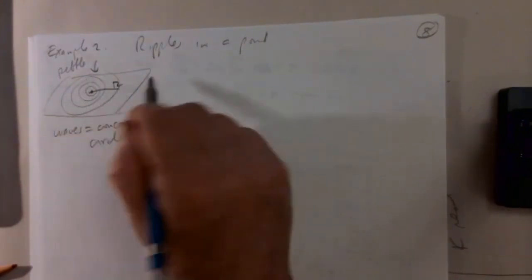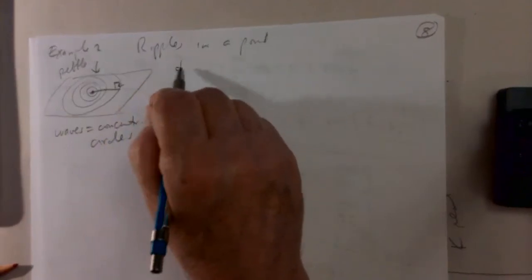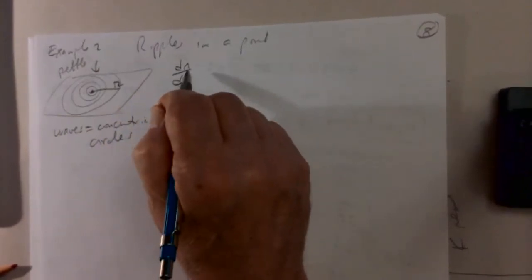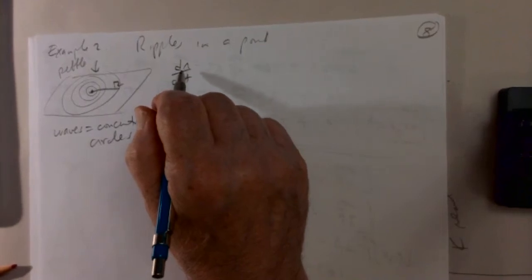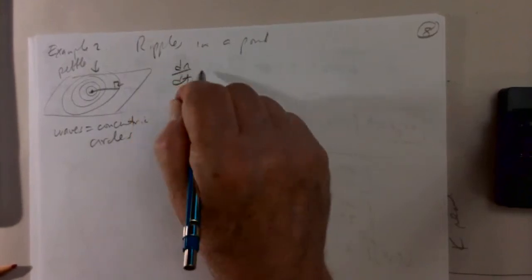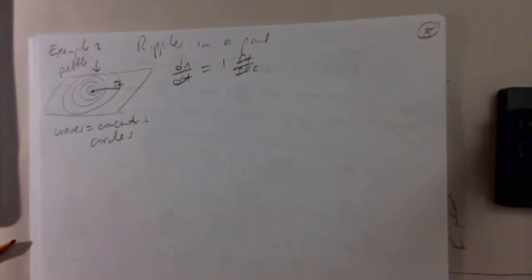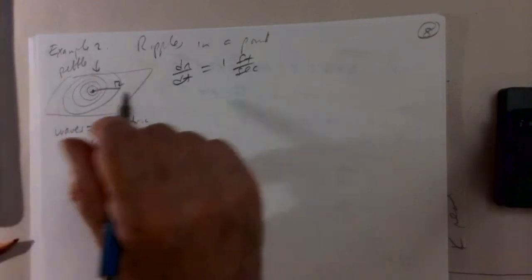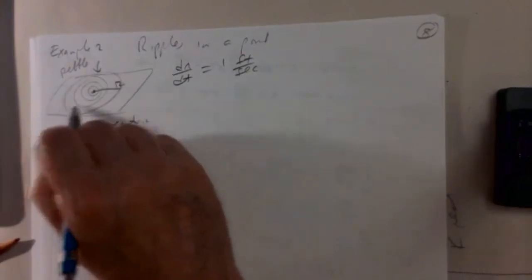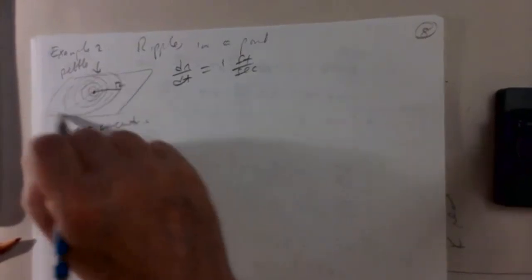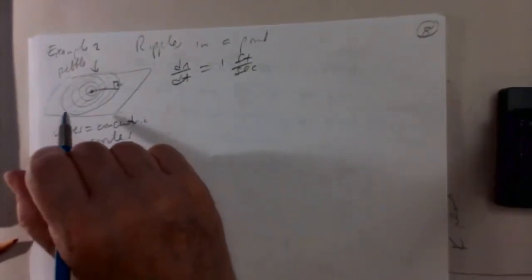It's a concentric circle getting bigger and bigger. And we're given that the rate, dr dt, at which this outer ripple is moving is 1 foot per second. At any given time, the amount of water that's being disturbed is what is inside this circle.